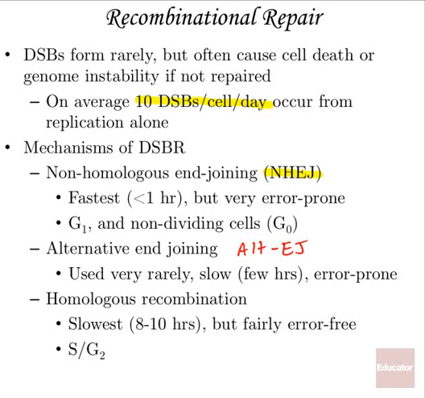It is the slowest, about 8 to 10 hours, but it is fairly error free. This is usually occurring in S phase or G2. So this is in S phase when we're having a lot of, hopefully not mutations, but errors, DNA damage.